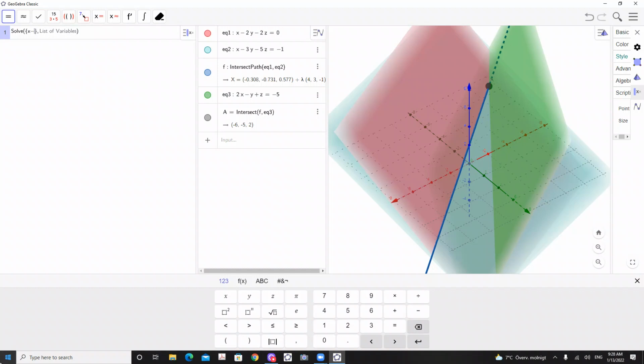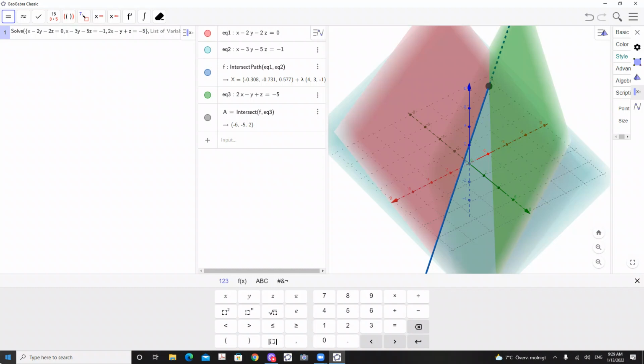So it is x minus 2y minus 2z equals to 0, comma, and then you have x minus 3y minus 5z equals to minus 1, comma, and then you have 2x minus y plus z equals to minus 5.